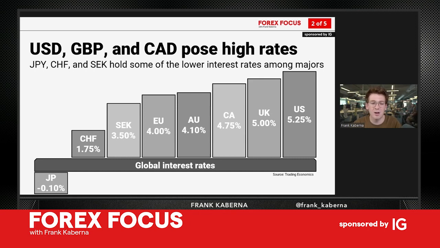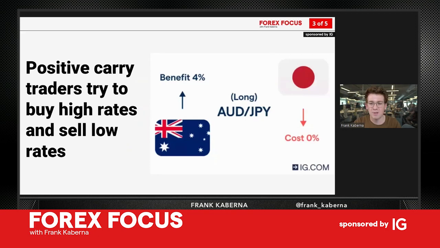And part of the weakness that we've been seeing in the Japanese yen has been from the fact that they've had such low interest rates, and there's been such high demand, so to speak, to get short that low interest rate and get long currencies like those of Australia, the Eurozone, UK or US, that create positive carry against the Japanese yen.